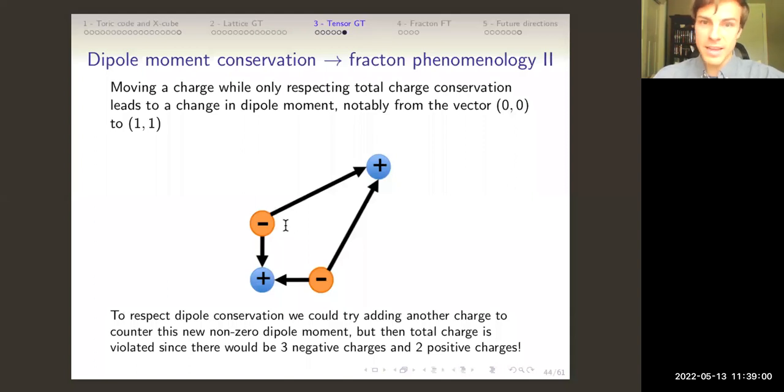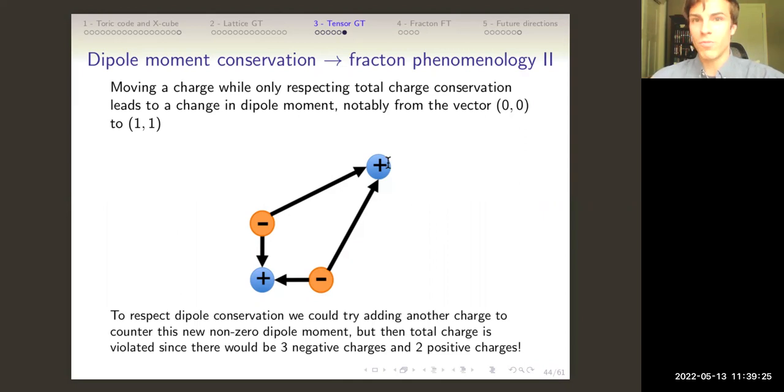Considering this the origin, because it was zero, we now have a vector (1, 1) going up and to the right. The naive way that we would try to remedy this is, okay, let's add a negative charge down here that would point, as a resultant dipole interaction, down.